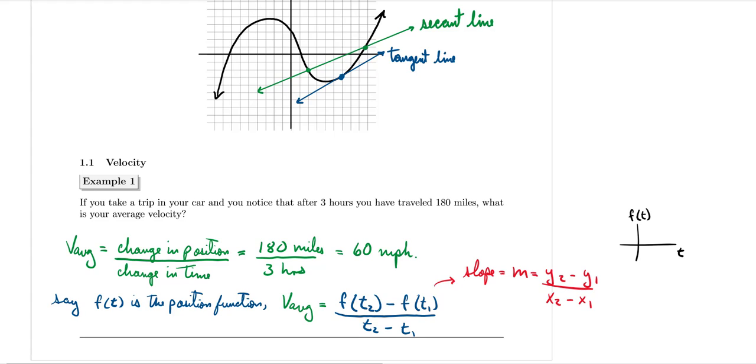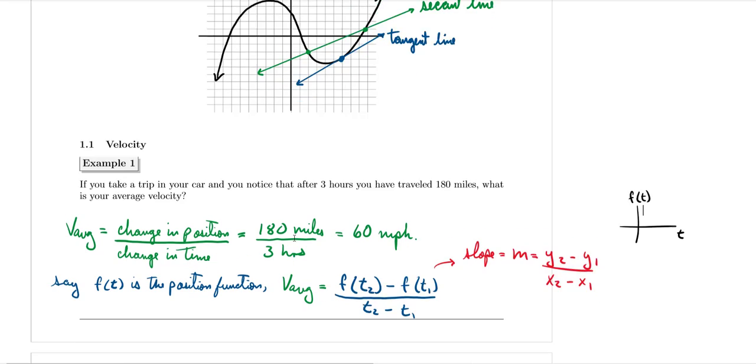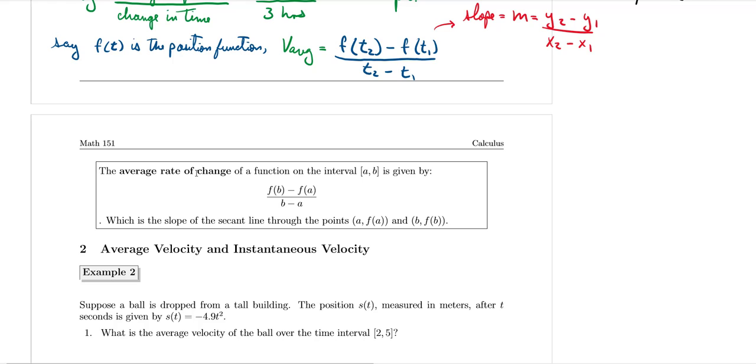So hey, the average velocity is just the slope, and that's the formula that we see here, the average rate of change. Now notice right now I'm not saying the average velocity, I'm just keeping things general. So the average rate of change for any function on the interval from a to b is given by f of b minus f of a all over b minus a, which again, this is essentially what we knew before as the slope.